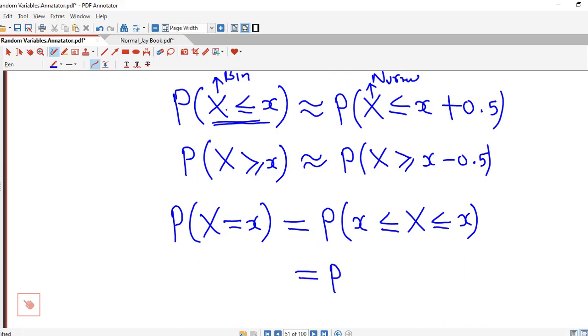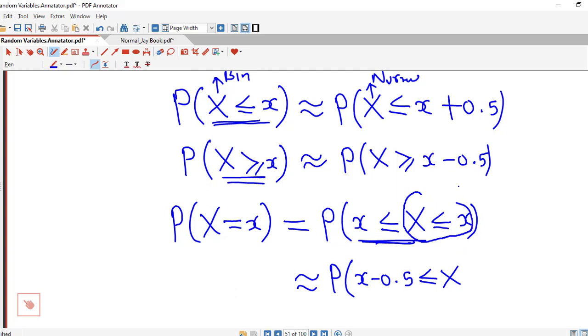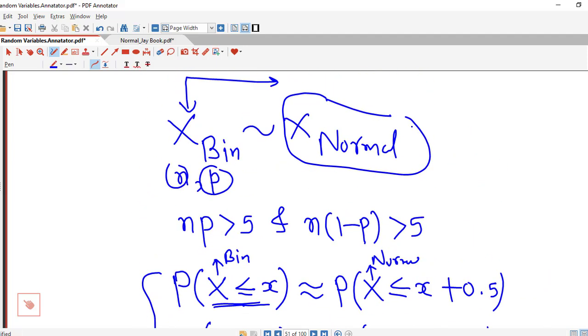So if we use a normal random variable, then for the lower end we subtract 0.5, x minus 0.5, and for the upper end we add 0.5. So always remember this continuity correction while approximating the binomial probability distribution using the normal probability distribution.